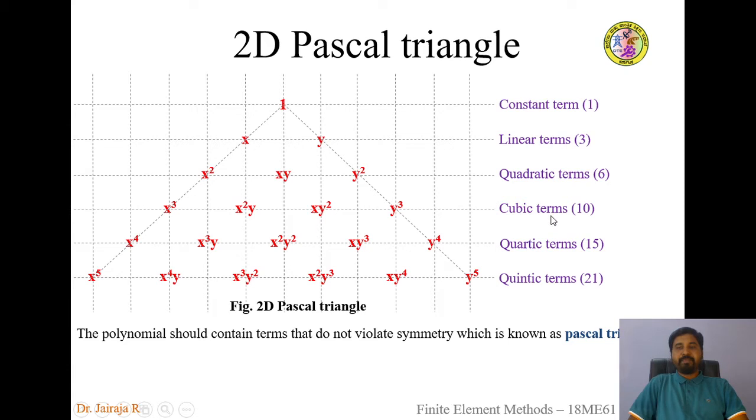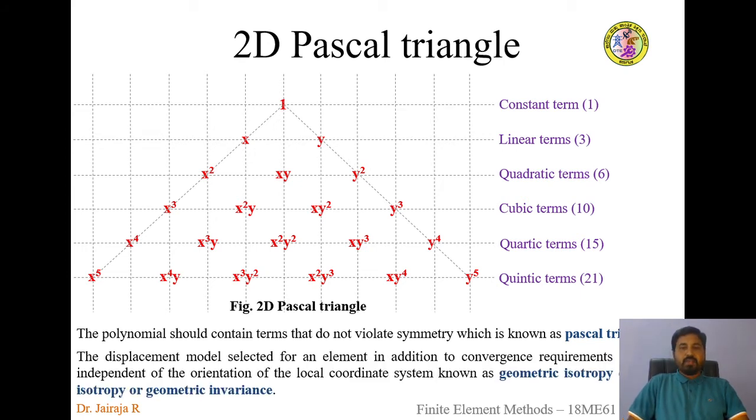If the polynomial contains 10 terms, it is called a cubic polynomial. If polynomial contains 15 terms, it is quartic. If polynomial contains 21 terms, it is called a quintic polynomial. That means as the polynomial contains more and more terms, the results will be more accurate.